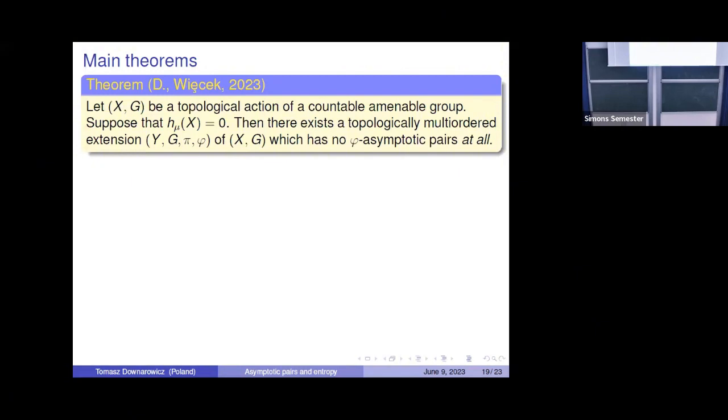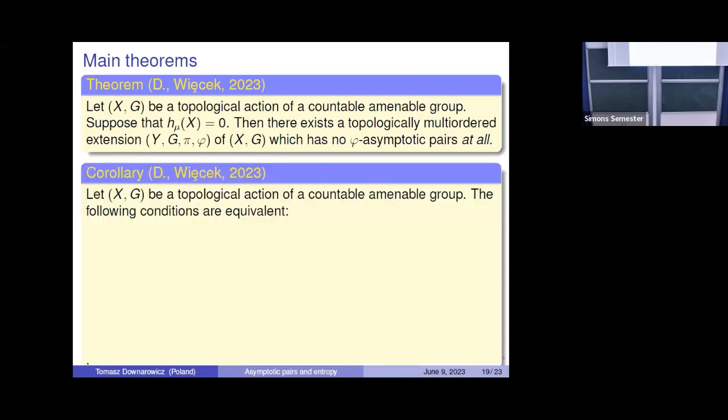I made a mistake here. This should be topological entropy. Then there exists a topologically multi-ordered extension, Y G pi phi of X G, which has no phi asymptotic pairs at all. Not only that the set of those pairs is measure 0 whatsoever, there are no such pairs at all.